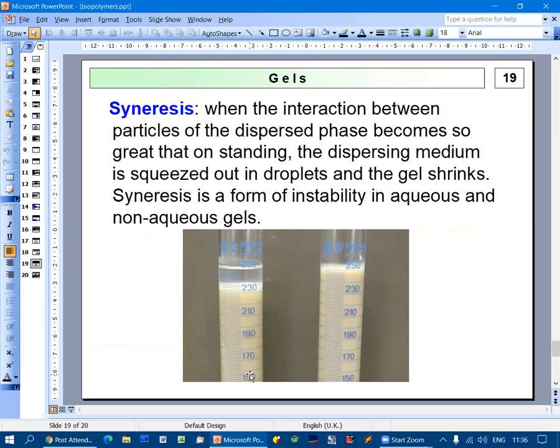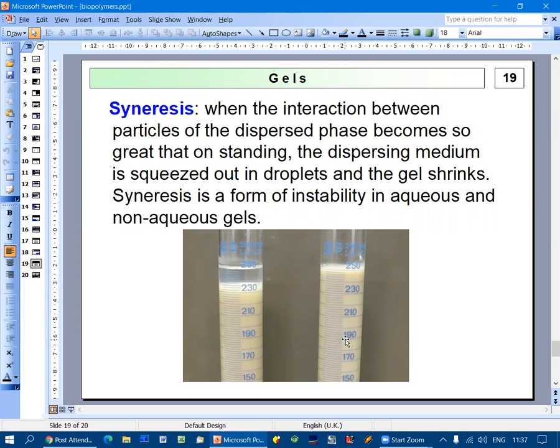Over time, the number of bonds between polymer chains in gels increases, and the initial structure of gel is compressed, and a part of a solvent with a small amount of molecules of polymer will be released from the initial gel.